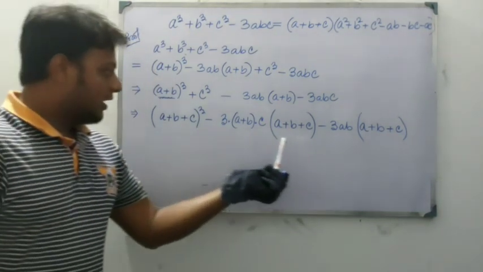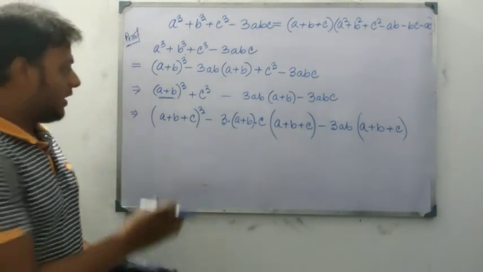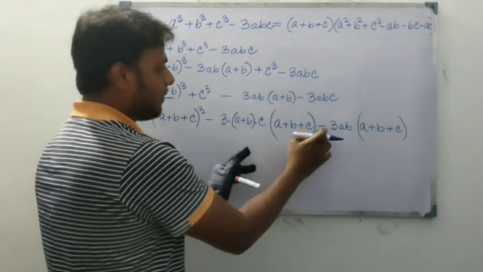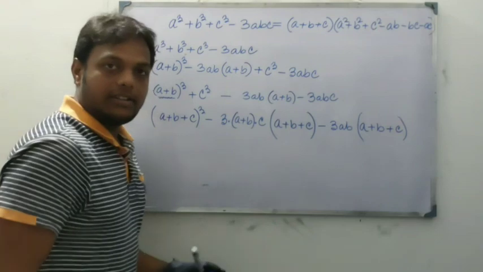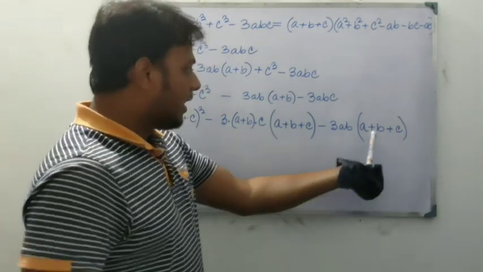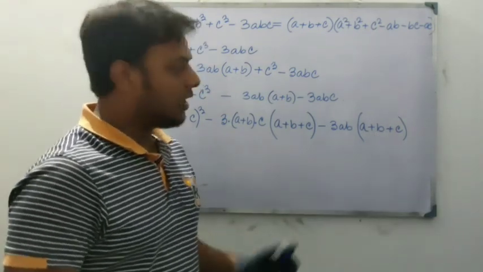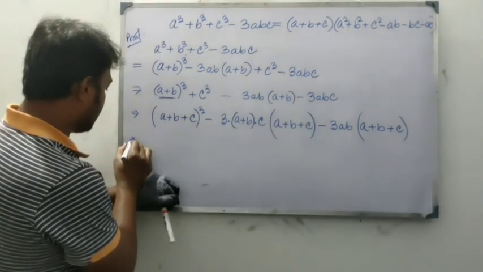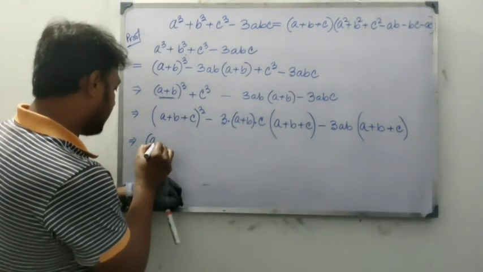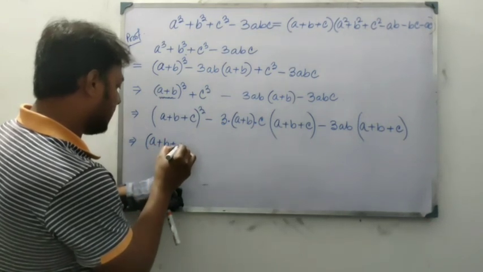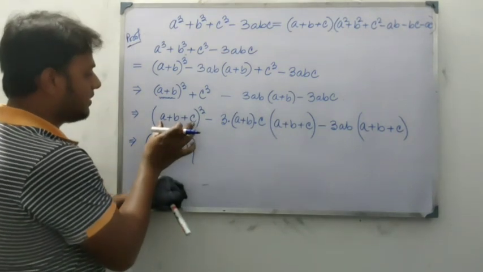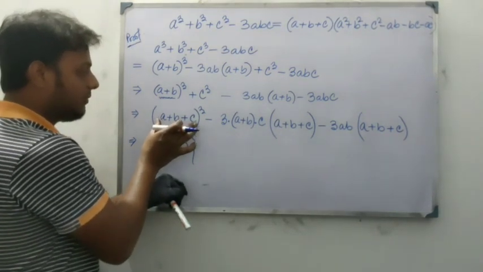Now look at the board very carefully. How many terms are there? 3 terms. First term minus, second term minus, third term. And in these 3 terms there is a plus b plus c common. So we can take a plus b plus c common among all these 3 terms. Then what will be left in the first term?